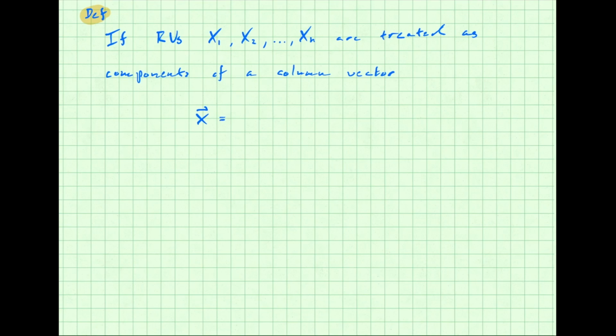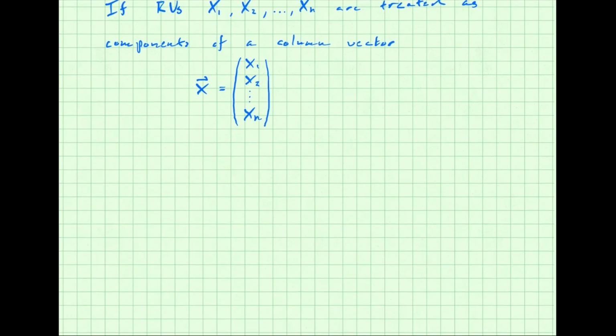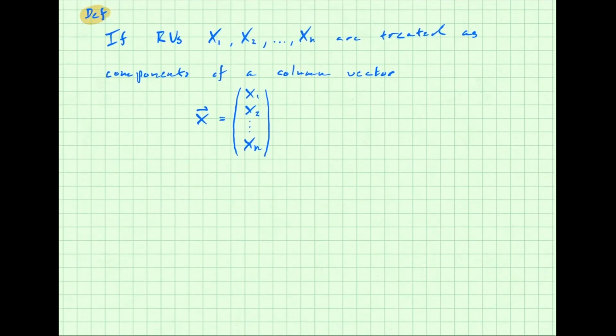So if we line them up as a column vector like this, and sometimes I'll use curved brackets, sometimes square ones, then this thing, x with an arrow over it, is called a random vector. I'll highlight this, that's the thing we're defining.